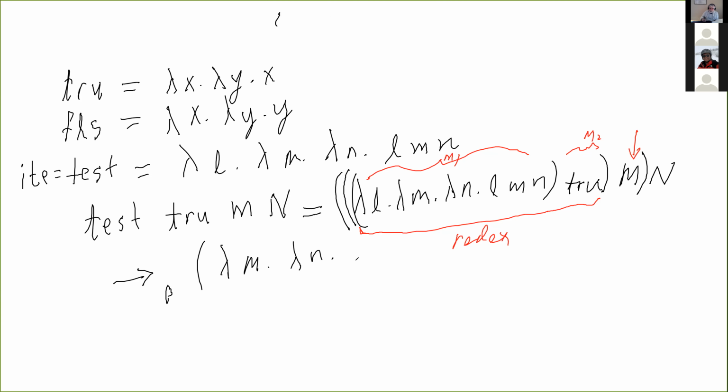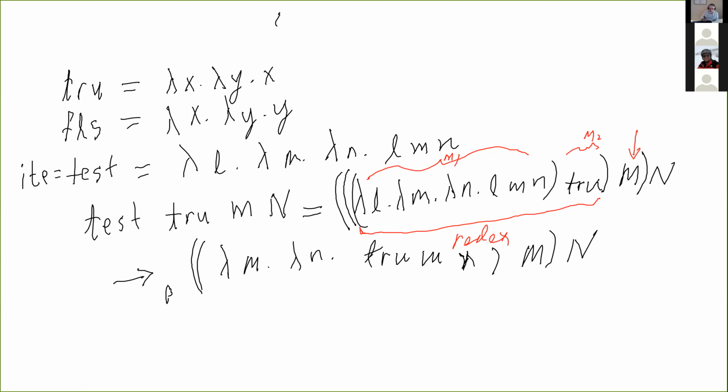Now I replace the L by true. M n, whoops, that's an ugly n, but you get the idea. Applied to m, applied to n. And so once again, this is where the parentheses go by default.